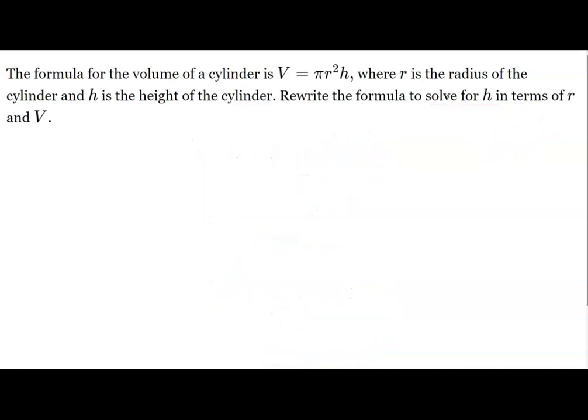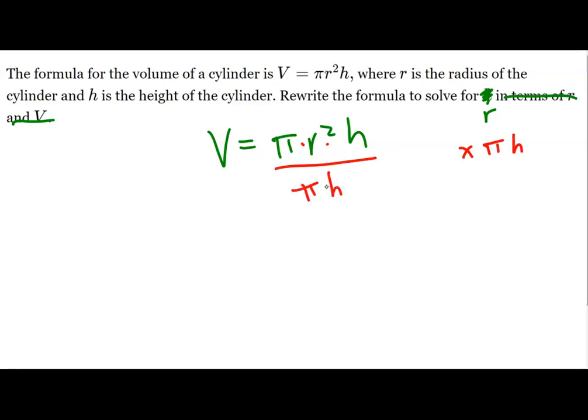Now let's pretend that the problem said to solve for r. If the problem says to solve for r, then this is what the work would look like. R is being multiplied by pi and h, so I can certainly divide by them at the beginning. But then when I rewrite, I notice that my r has an exponent.